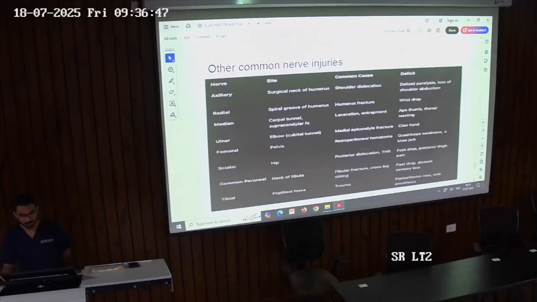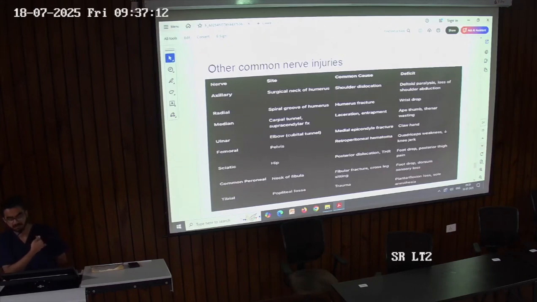Now there are other common nerve injuries. I guess you have a class tomorrow regarding radial nerve or something like that. So nerves like axillary nerve, radial nerve, median nerve, ulnar nerve, femoral nerve, sciatic nerve, common peroneal and tibial nerve undergo common peripheral nerve injuries. Axillary nerve injury will lead to deltoid paralysis, right?